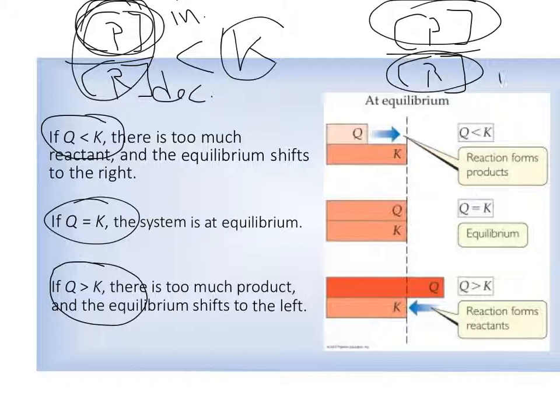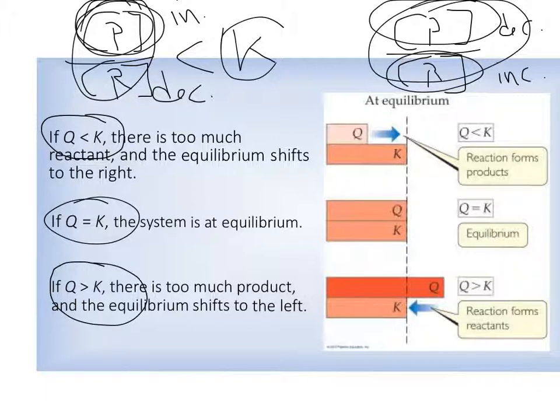So that means we're going to be increasing the amount of reactants. The reverse reaction is going to be driving forward, and the amount of products will be decreasing overall. And this process will happen until my ratio of products over reactants equals the constant, and then we'll be at equilibrium.